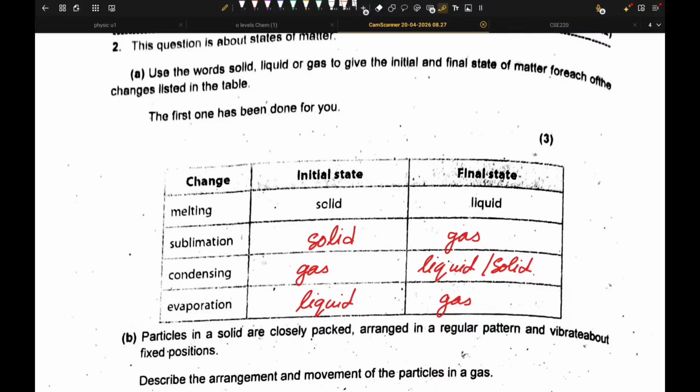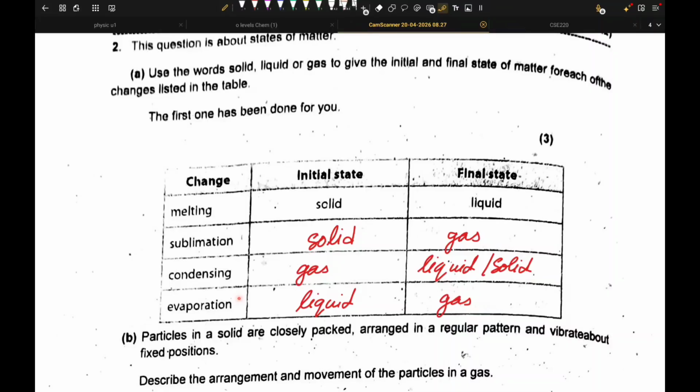And for condensation, it can be either gas to liquid or gas to solid as well. But we mostly prefer gas to liquid because solid is not mentioned, and when gas is condensed, for most of the situations, it turns from gas to liquid.